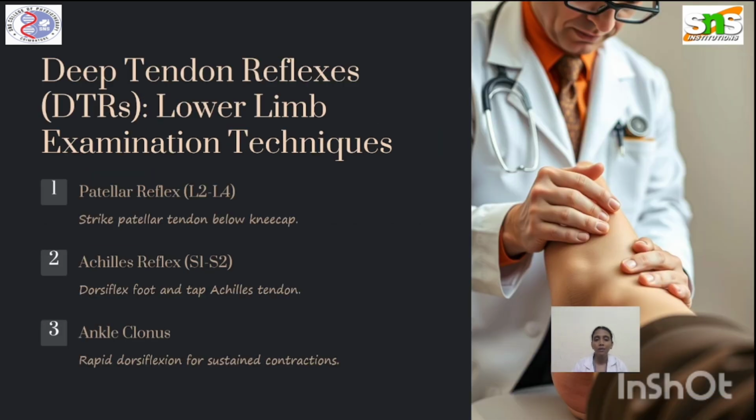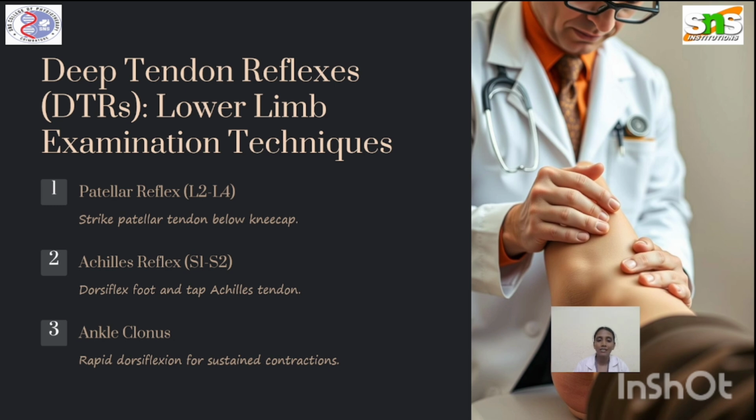Next, the lower limb deep tendon reflexes, which are the patellar reflex, the SLS reflex and ankle clonus. The patellar reflex, with root value L2 to L4, is tested by a strike on the patellar tendon below the kneecap. We can expect a jerk in the knee joint.